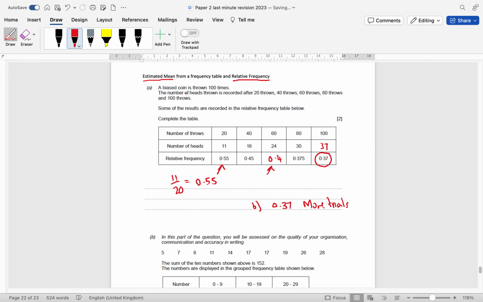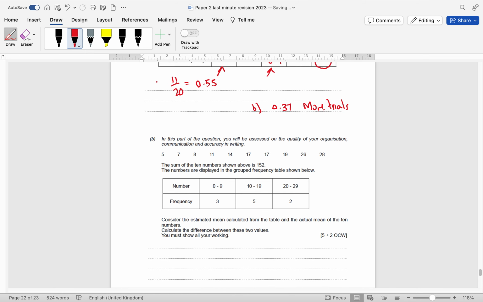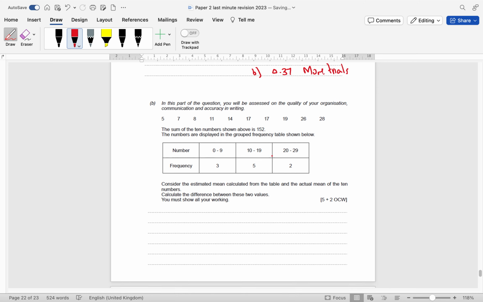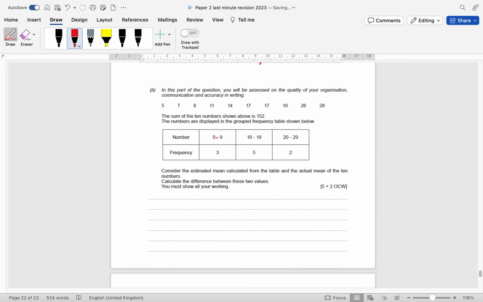Estimated mean could very well happen. In this question here, it's a slightly unusual setup. You've got 3 groups, 0 to 9. Halfway between 0 and 9 is 4.5. Halfway between 10 and 19 is 14.5, and halfway between 20 and 29 is 24.5.